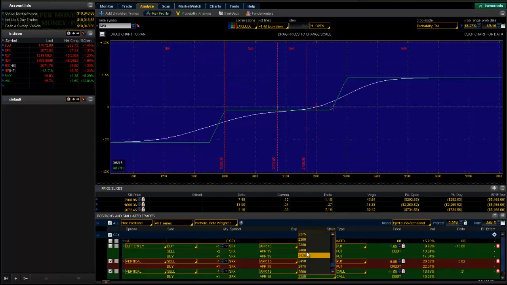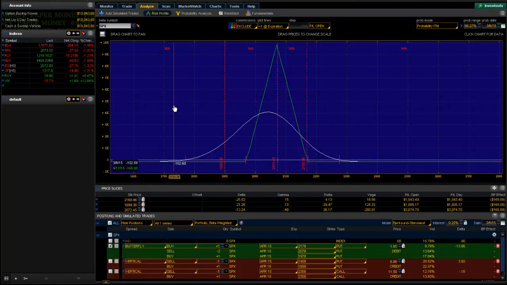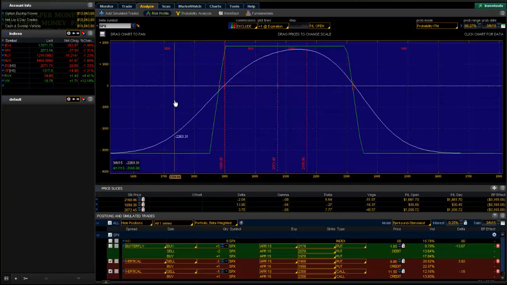The wider out you go, what changes here is you're giving up that risk amount. You'll see here I was only risking $165 to potentially make $9,000, whereas here I'm risking $3,000 to potentially make $1,800.